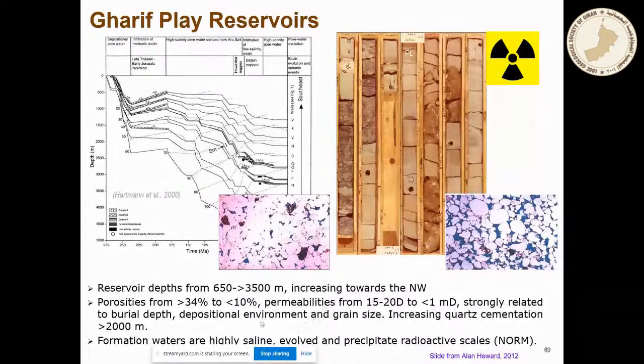Therefore, there is a huge spectrum of porosity and permeabilities in the Garif reservoir. So you can have permeability which is over 1 Darcy to permeability which is less than 1 millidarcy. And that obviously has a huge impact on the flow of oil within the Garif reservoirs.